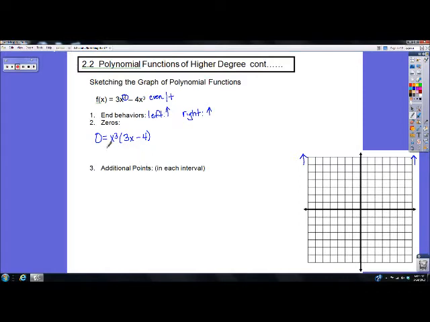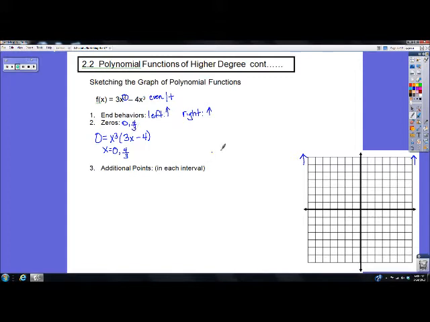And that's about all I can do there, and I will take each factor, set each factor equal to 0, and my zeros will be, if I set x cubed equal to 0, I will get 0. If I set 3x minus 4 equal to 0, I will get 4/3. So my 2 zeros will be at 0 and at 4/3.